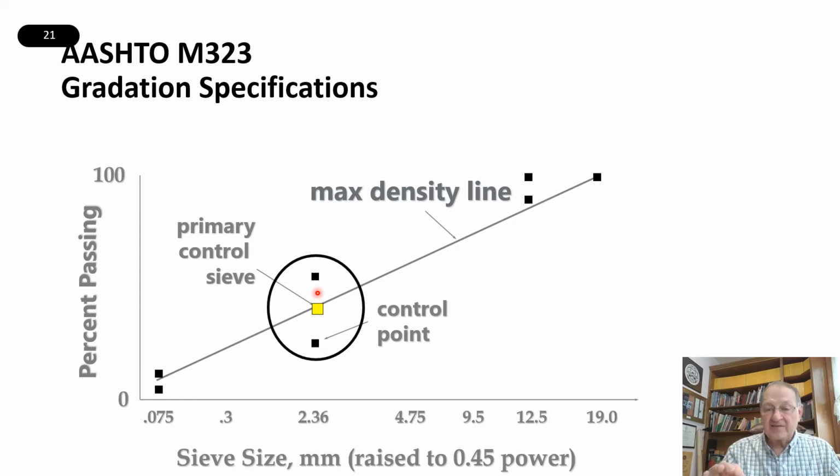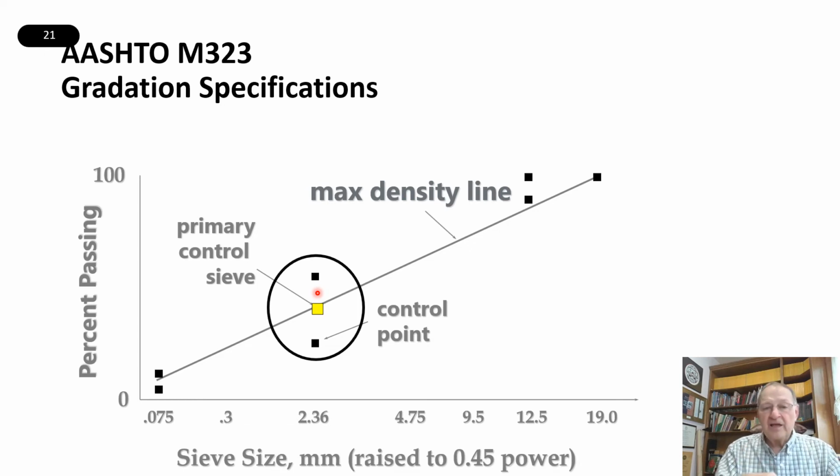In that case, we have 55% larger than the 2.36, 45% smaller than the 2.36. There is not enough room in that 55% coarse aggregate for 45% of the mix, the fine aggregate, to fit inside.